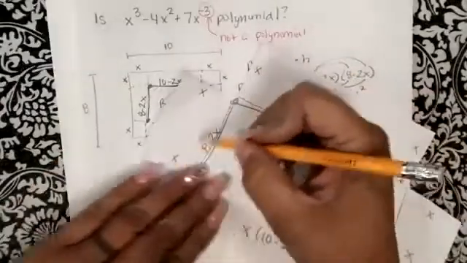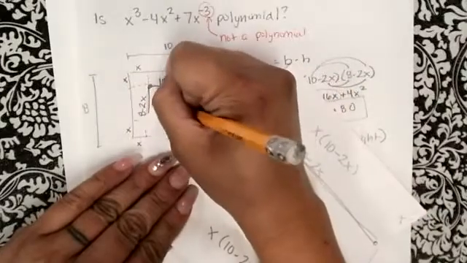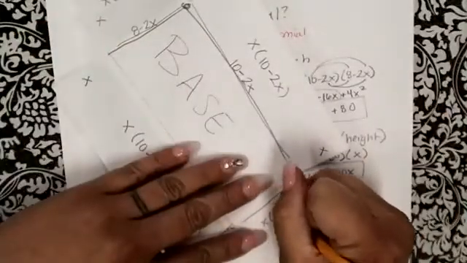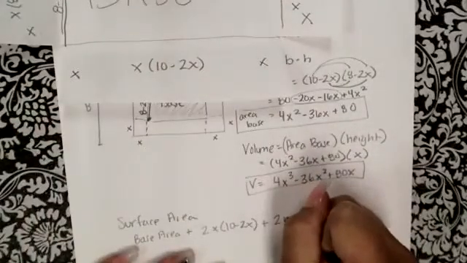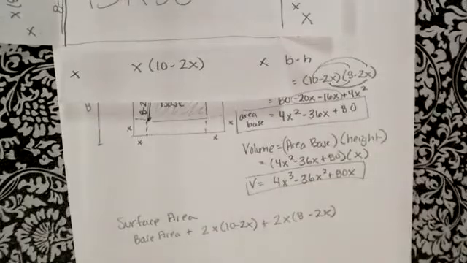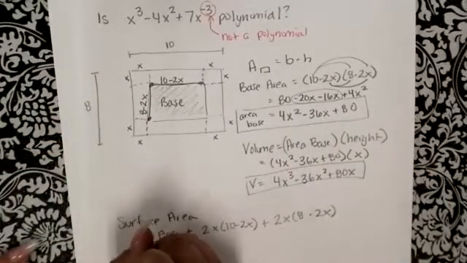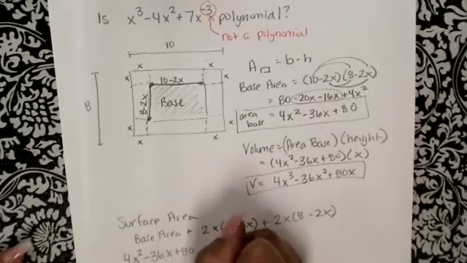And then this one right here is going to be x times 8 minus 2x, and that's the same here, and there's 2 of them. So the base area, I'm just going to copy it. That's 4x squared minus 36x plus 80.